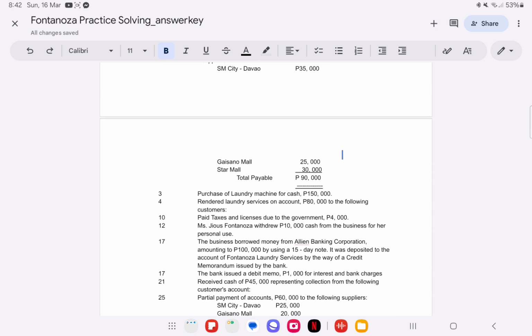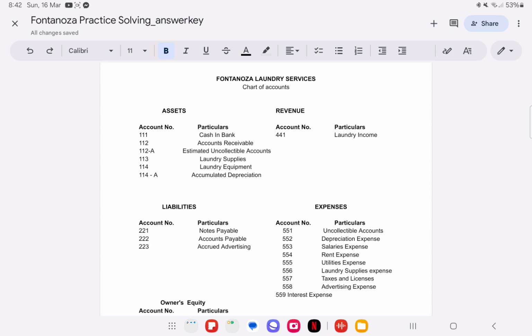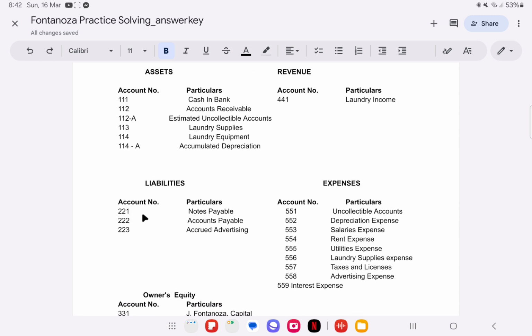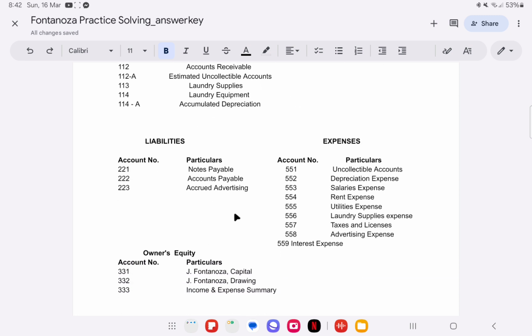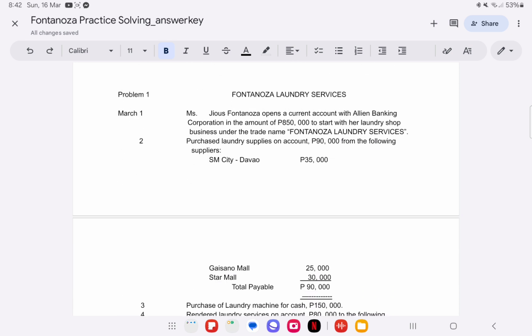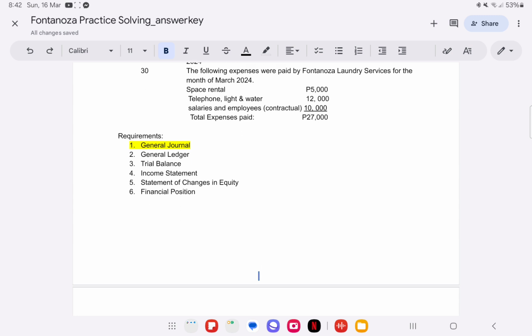Okay, 1, 2, 3, 4, 5, 6, 7, 8, 9, 10, 11, 12, 13, 14, 15, 16, 17, 18, 19, 20, 21, 22. So 22 account titles.